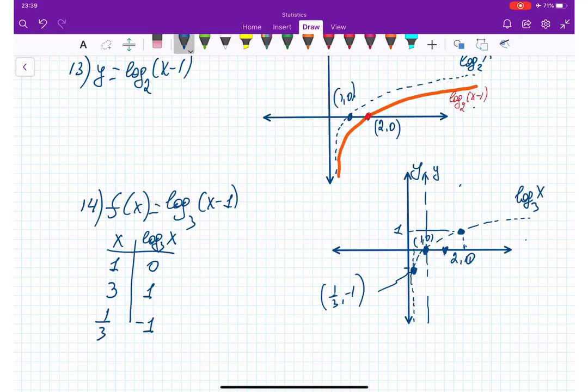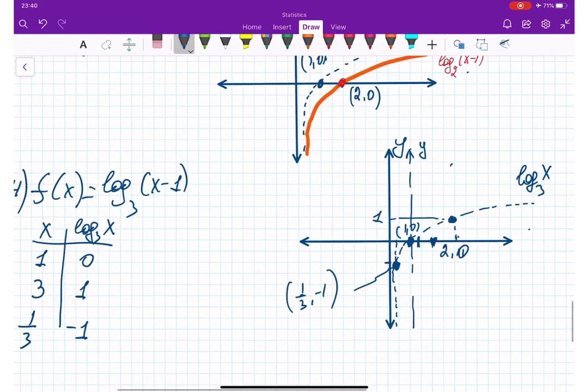It's going to be 1 and 1/3, so it's going to go to 1 and 1/3 somewhere here, and y is going to stay the same, -1. How did I get 1 and 1/3? So my x is 1/3 and I'm shifting by +1, right? So 1 plus 1/3. And this is going to be my next point.